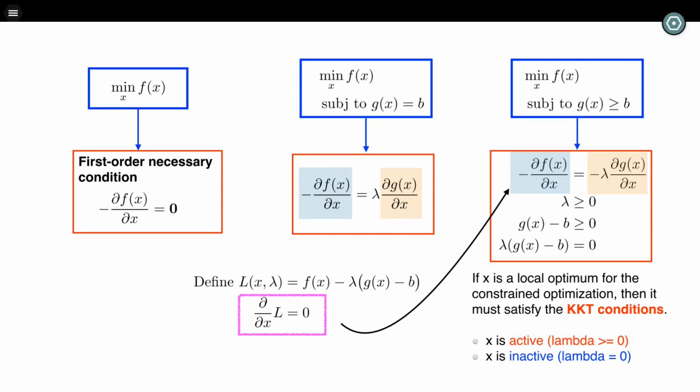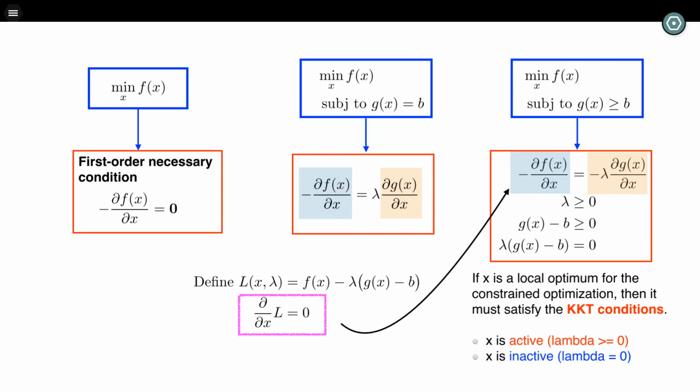Okay, so let's look at the second problem. Now again we minimize f(x) with respect to an equality constraint. The equality constraint means that now you are not allowed to find any x to minimize f. There is a feasible region of x. What is the feasible region?